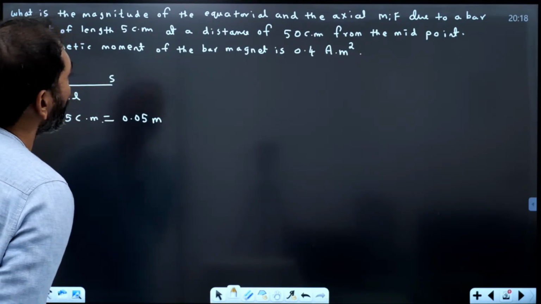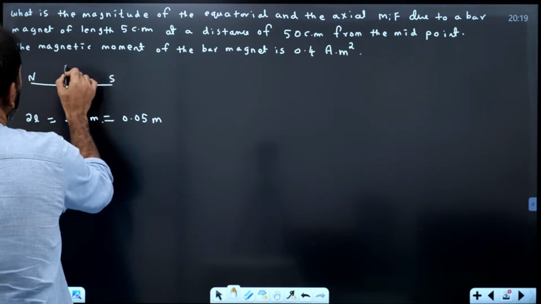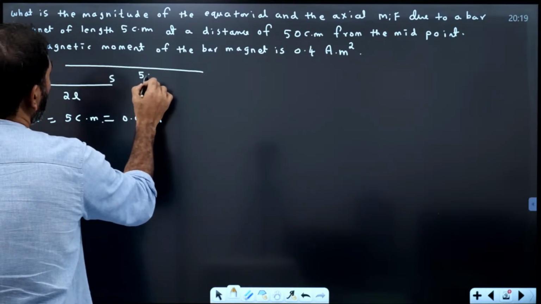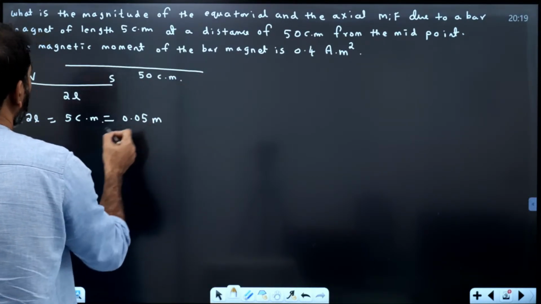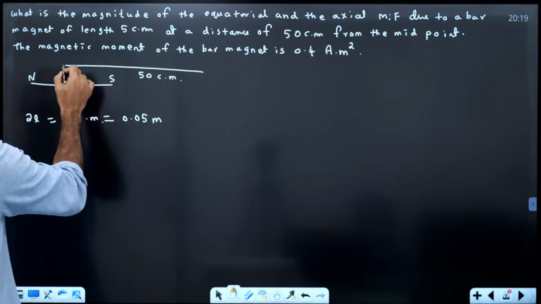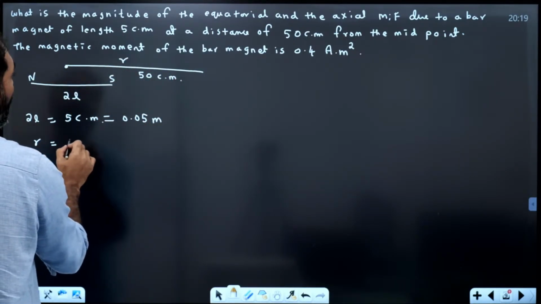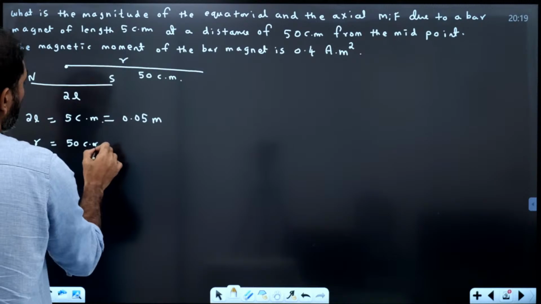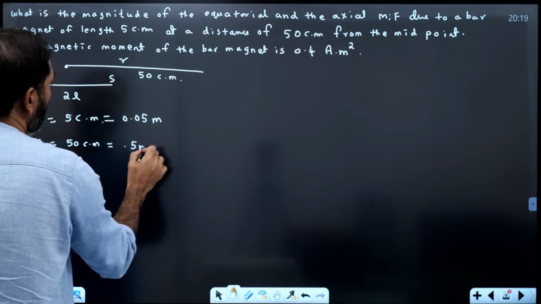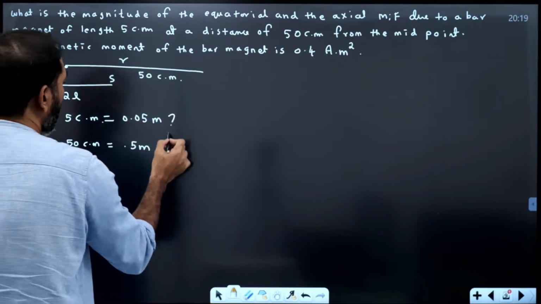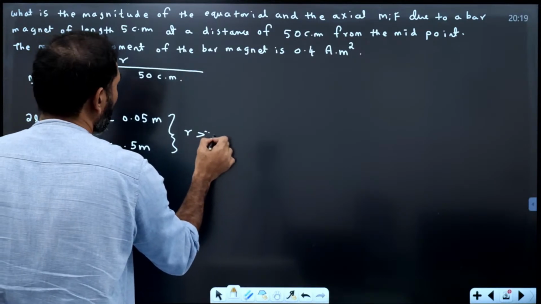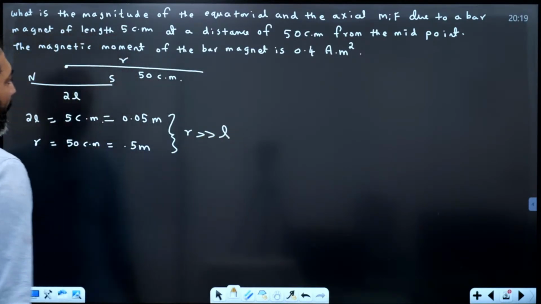At a distance of 50 centimeter from the midpoint, in our formula it was R. R equals 50 centimeter, which is 0.5 meter. So from this data, R is much greater than L.